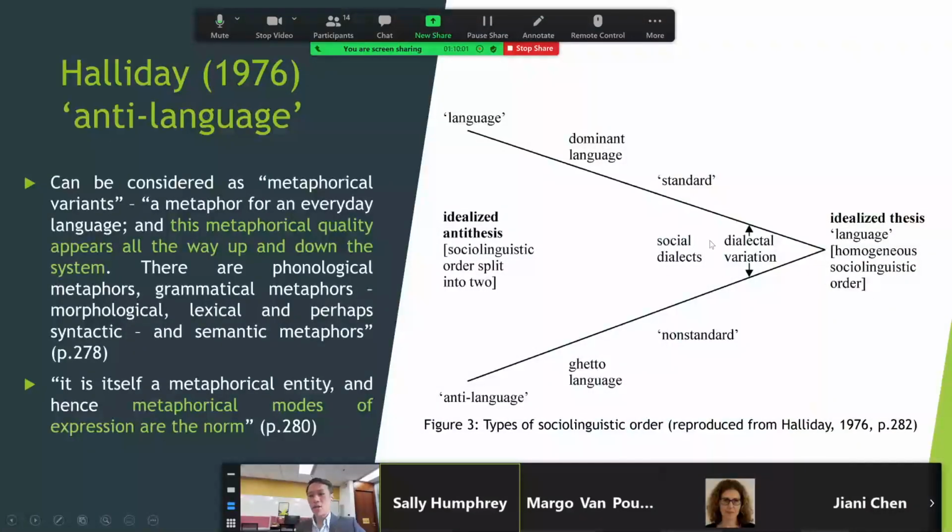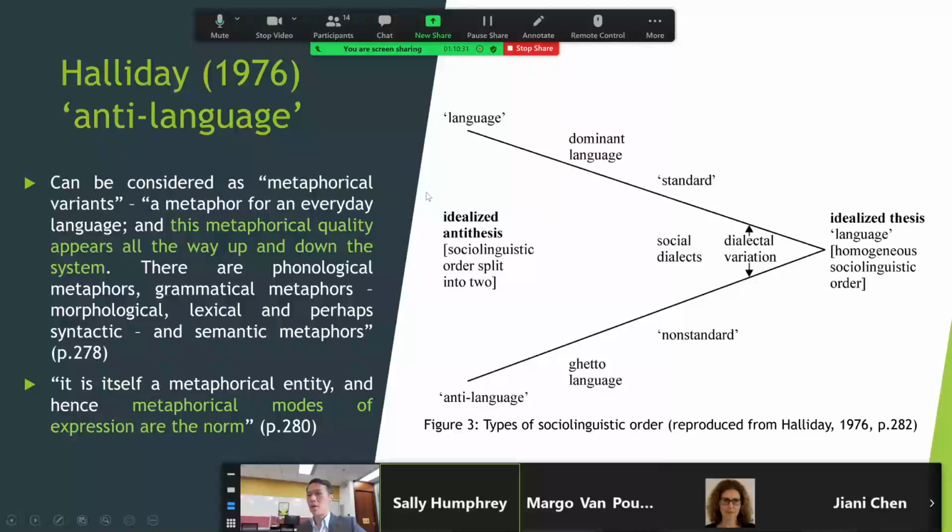Right. So I'm just including this diagram here for you if you are interested in the difference between language and anti-language by Halliday. As you can see, they still merge to an idealized thesis called language, but in fact they operate in very different dimensions, if you like. According to the quote, Halliday mentioned that it is a kind of metaphorical variance.